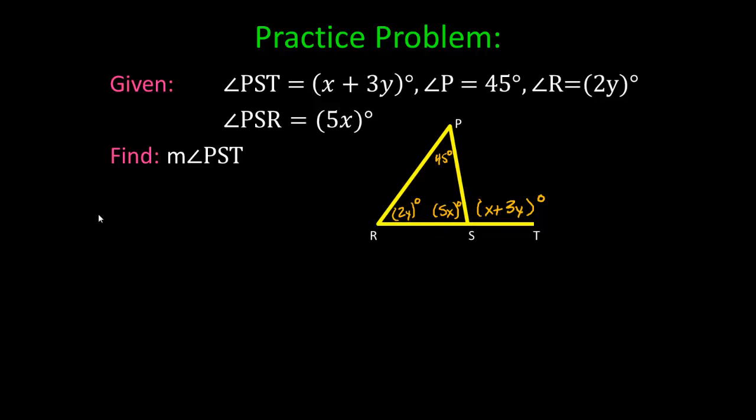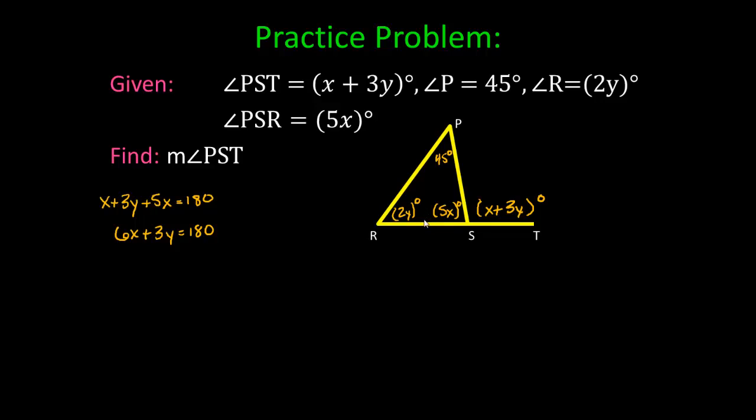We know that if we take x plus 3y plus 5x, they have to equal 180. So you combine your like terms and you get 6x plus 3y equals 180 because these are supplementary. Or, the more technical term for this particular unit, this is an exterior angle to this.